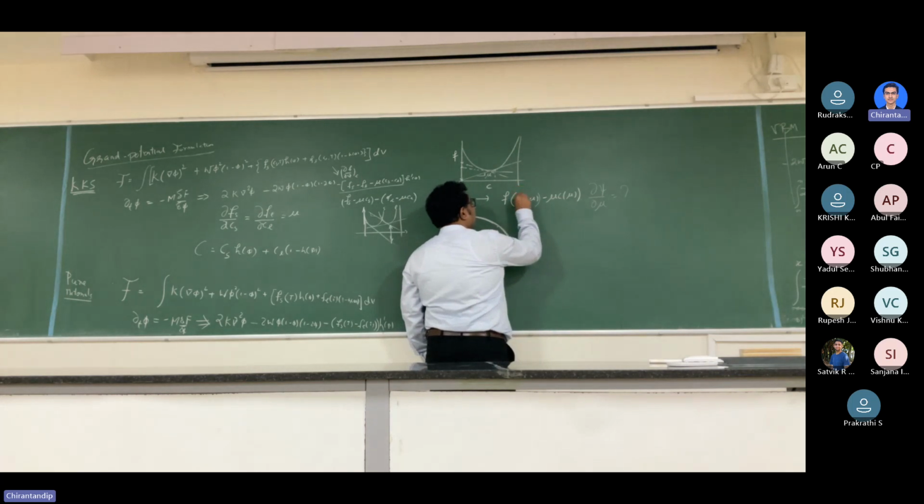Remember, C is implicitly dependent on mu.